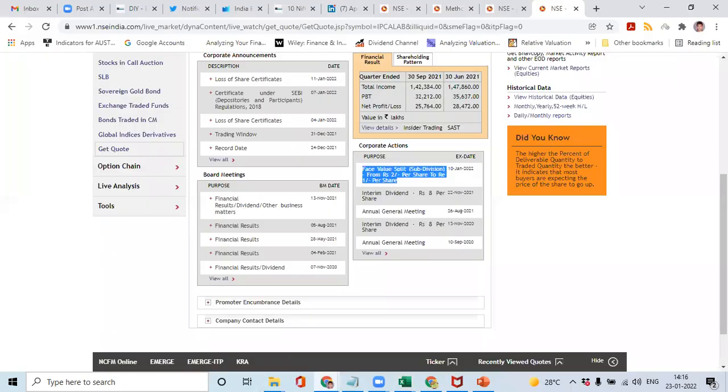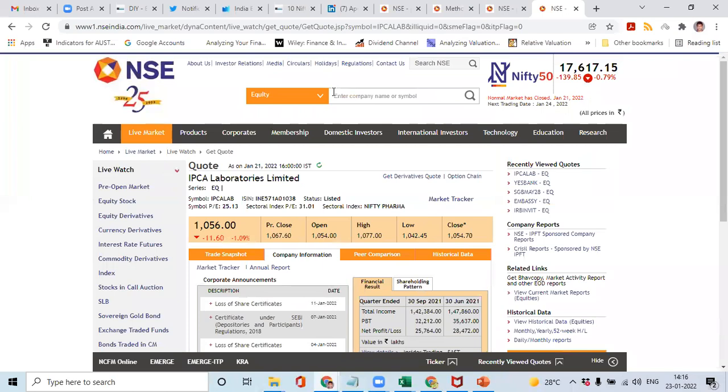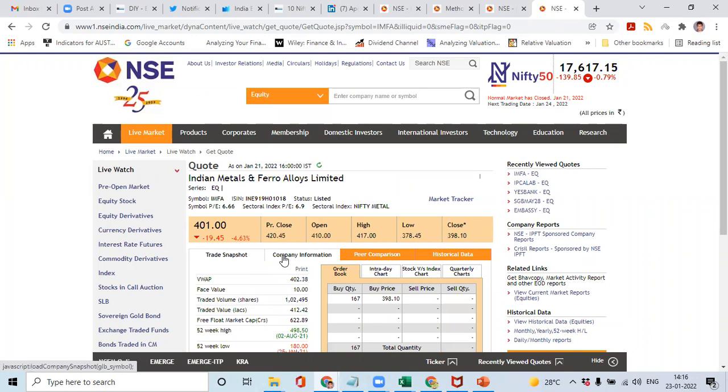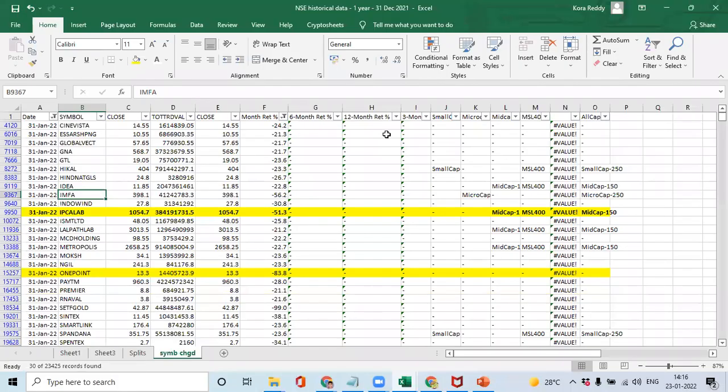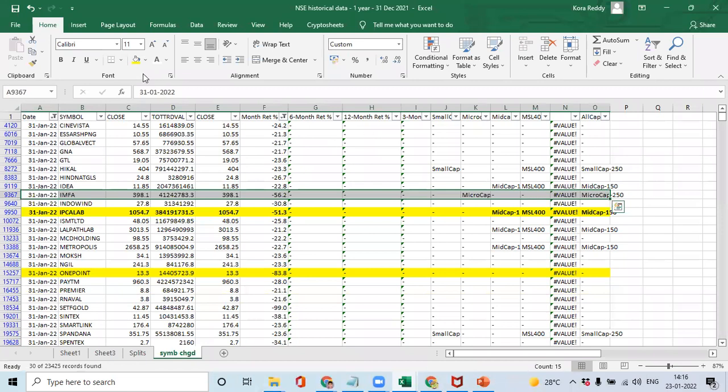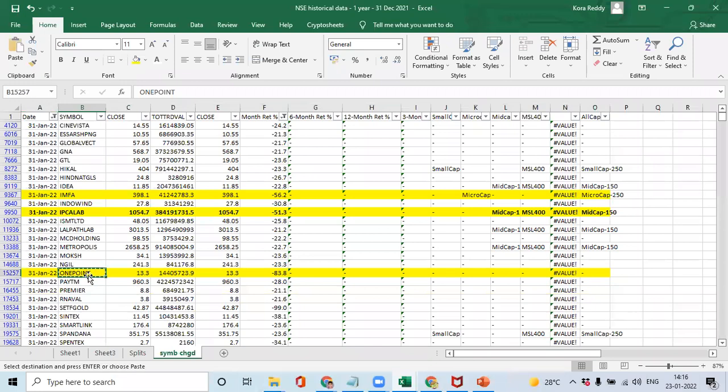What is this, IMFA? Bonus 1:1. So how do you adjust this? Price divided by 2. Yeah, so that is another candidate. So this also will be highlighted. These are all the adjustments that we need.